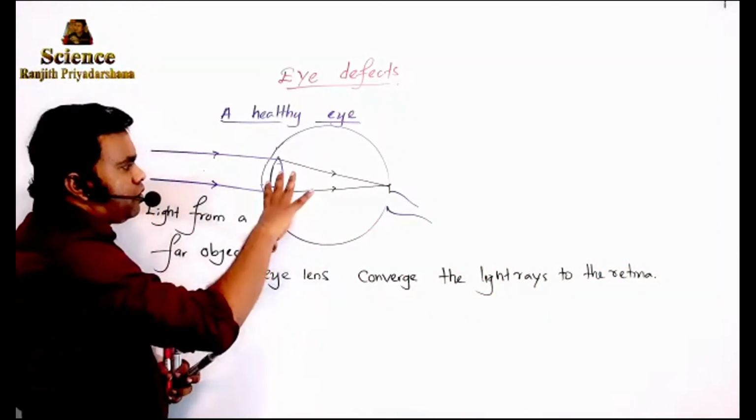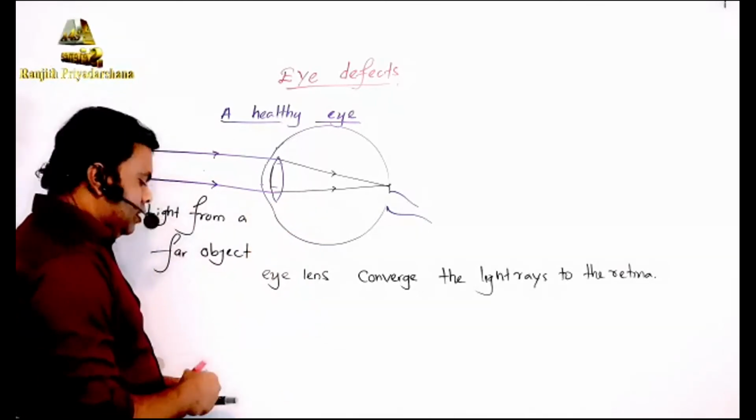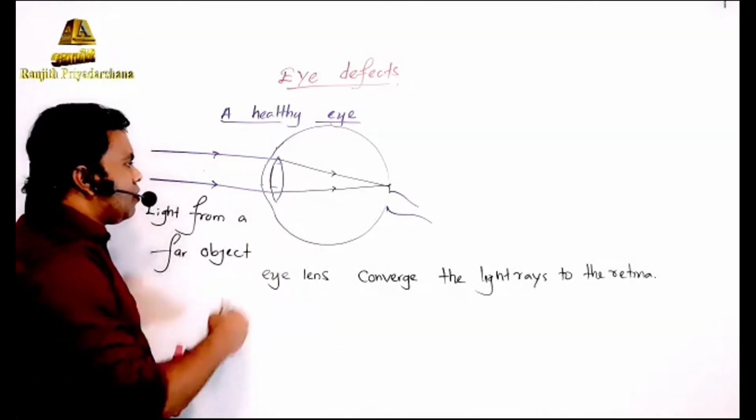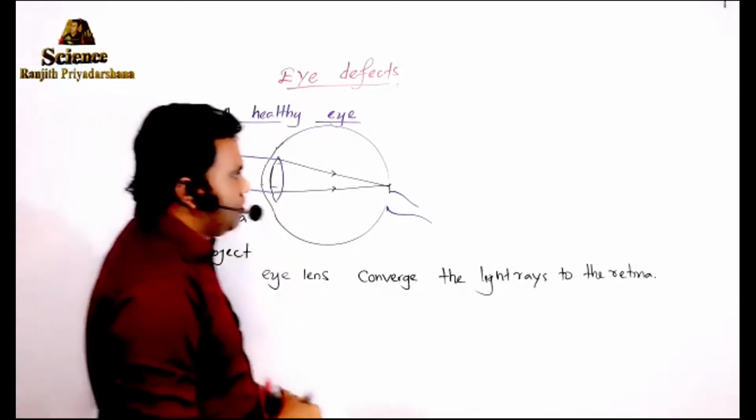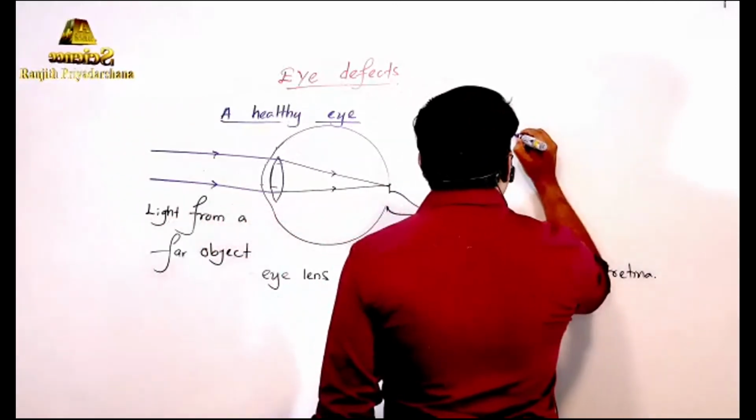So that's what usually happens. Next, you have to compare when these light rays are coming from a closer object. From a closer object, let's see what happens.